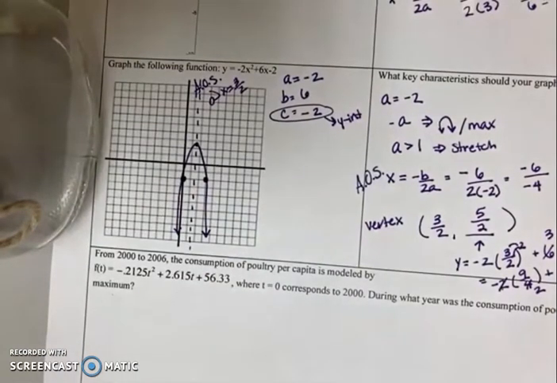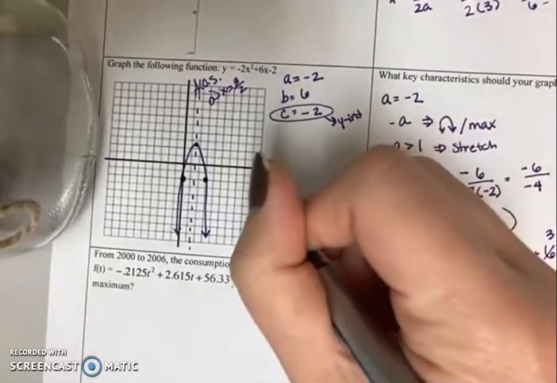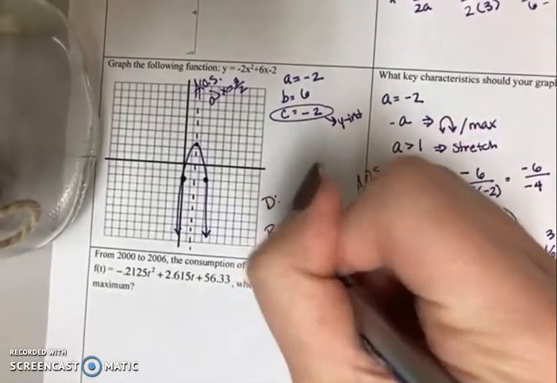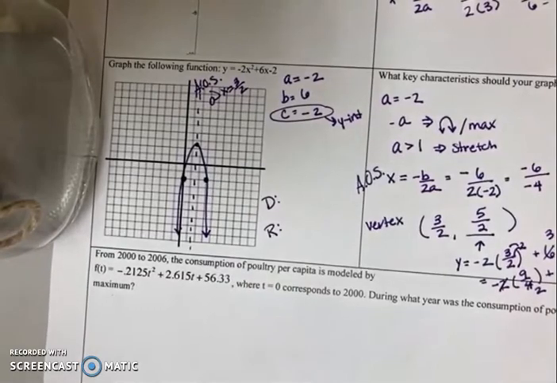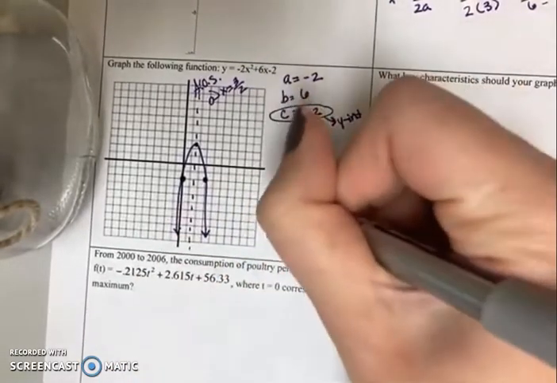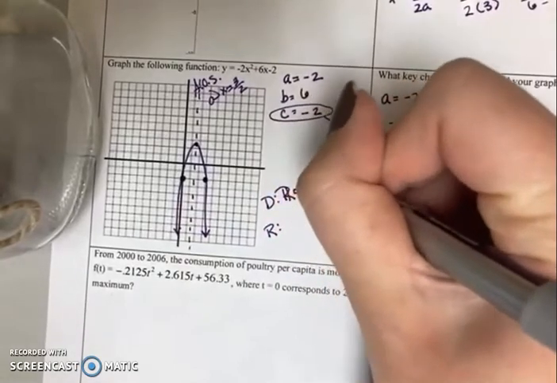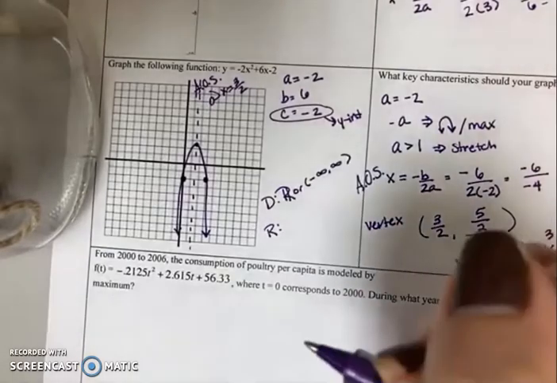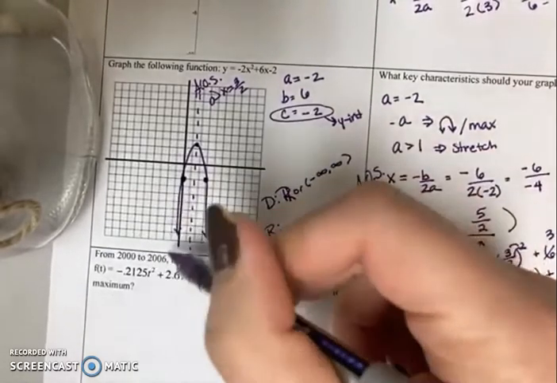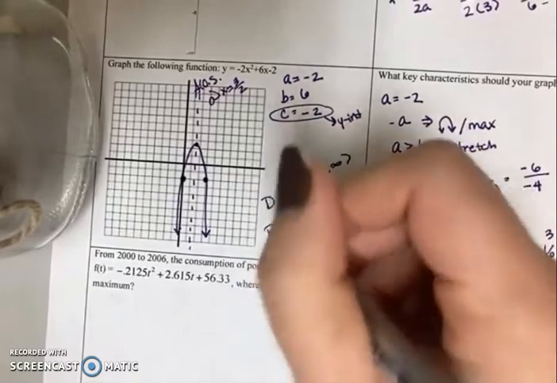I know it doesn't ask for this, but it's a great opportunity for learning here. And we struggled with this a little bit. I want to talk about domain and range. Remember, domain for a parabola is always all real numbers, or you can write it using interval notation. Range must always be down to up. This function is going down forever.